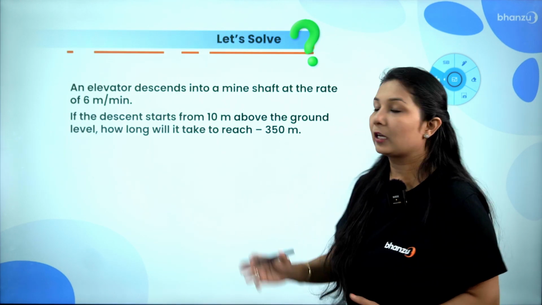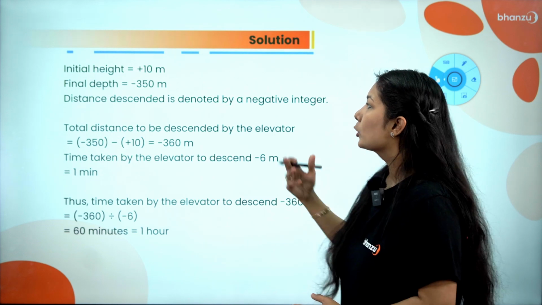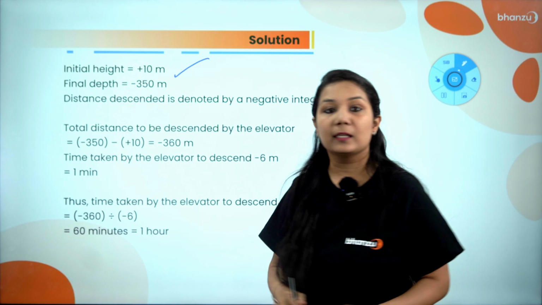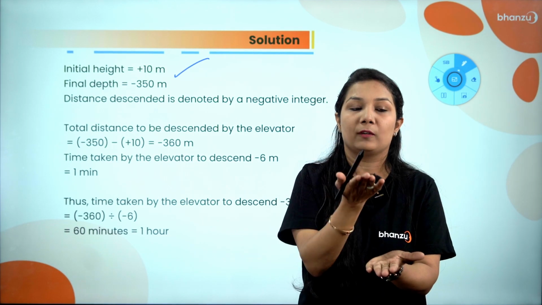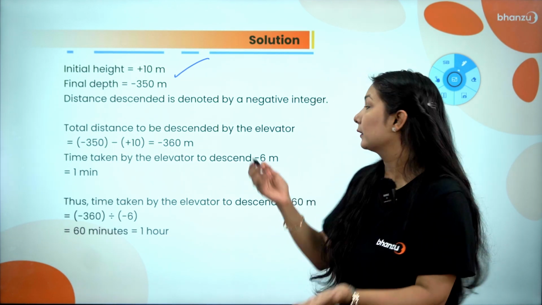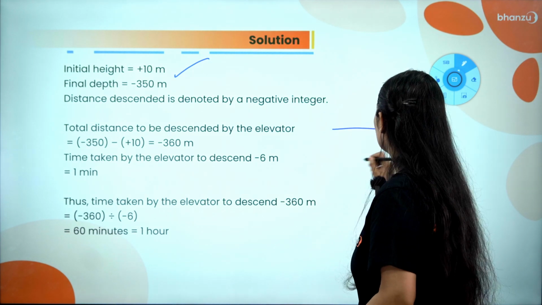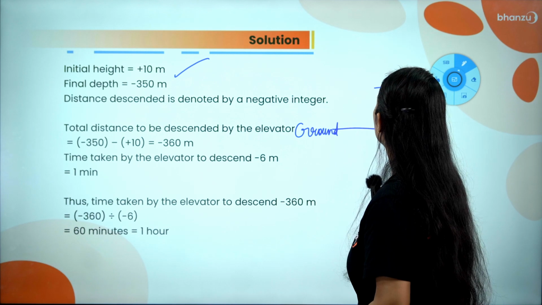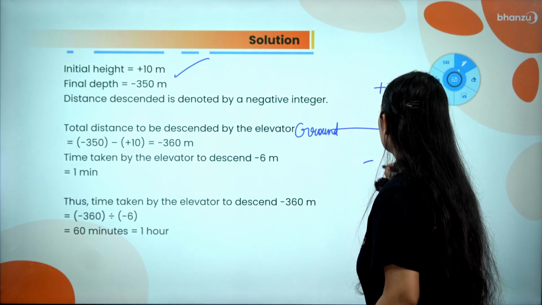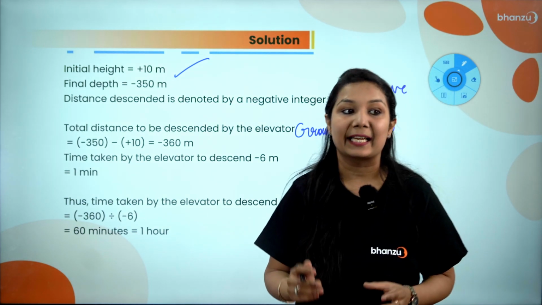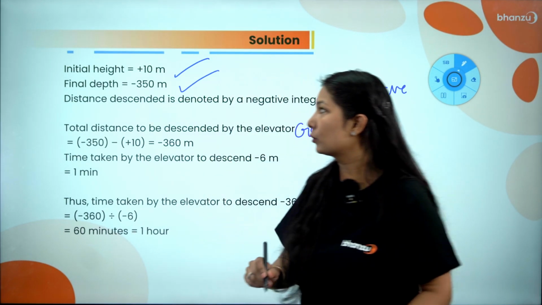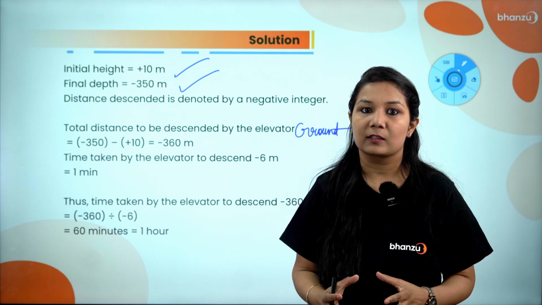The initial height is +10 meters, because it's above the ground level. We take 0 as the ground level. If it's above the ground level, it is a positive integer; if it's below, it is a negative integer. The final depth they are asking is -350 meters.